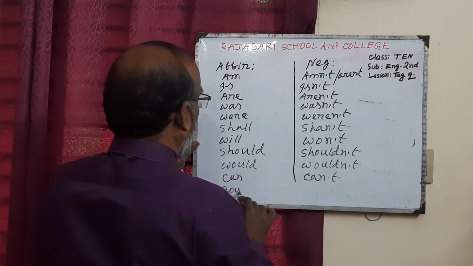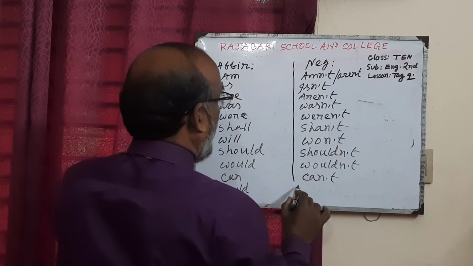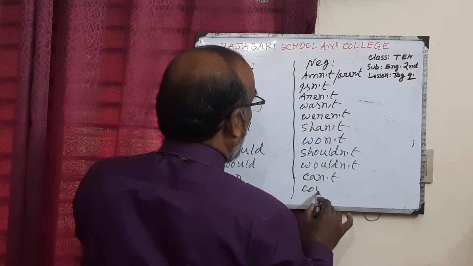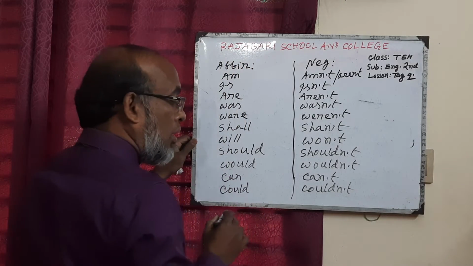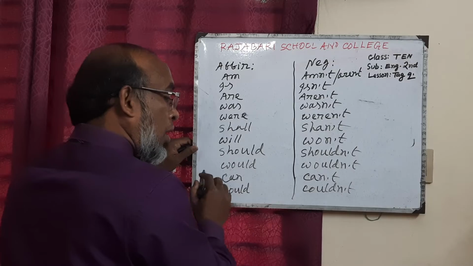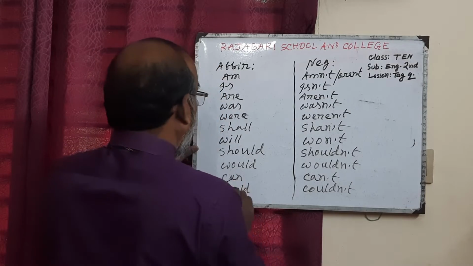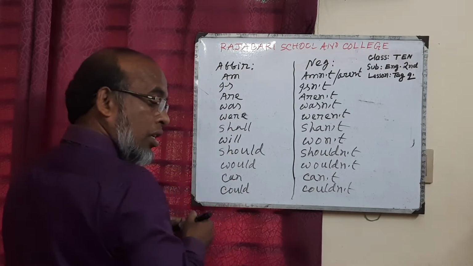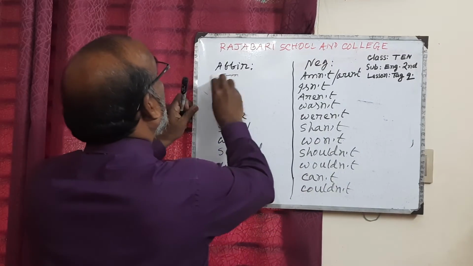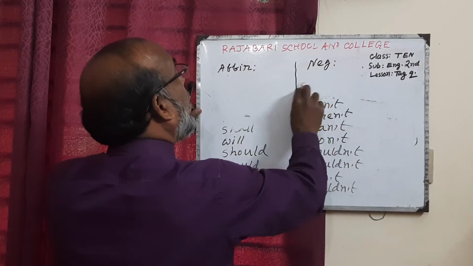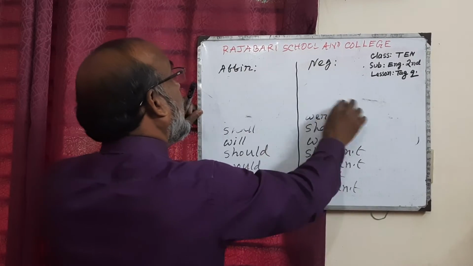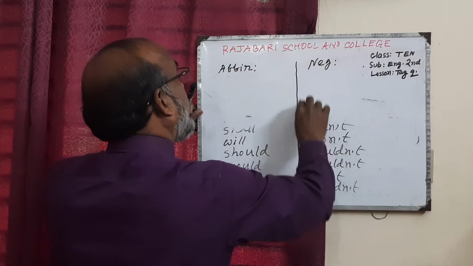Could will be couldn't. And other auxiliary verbs.